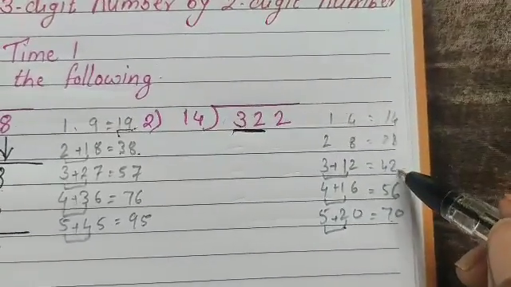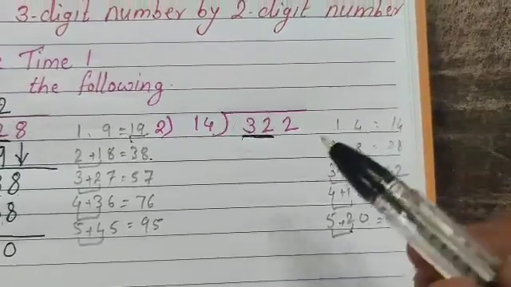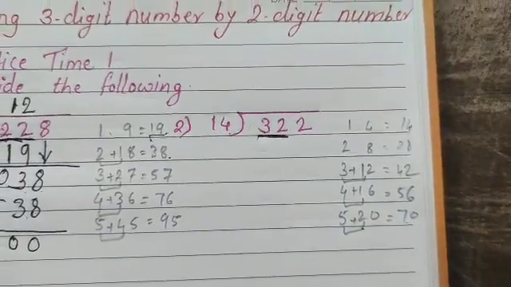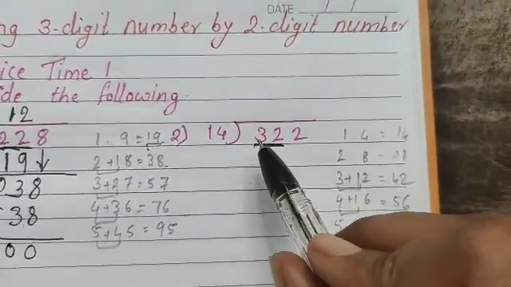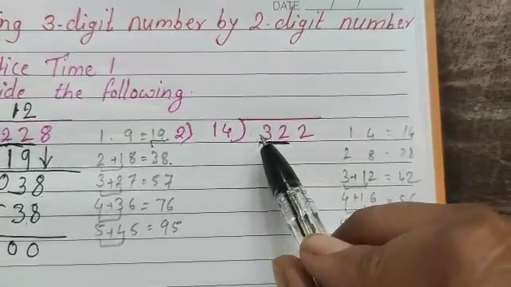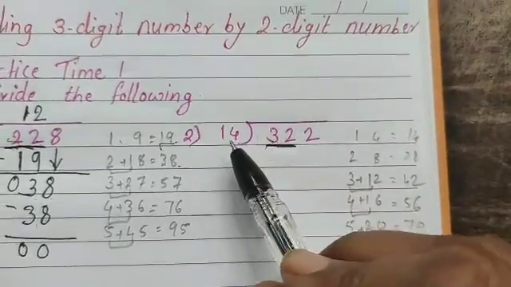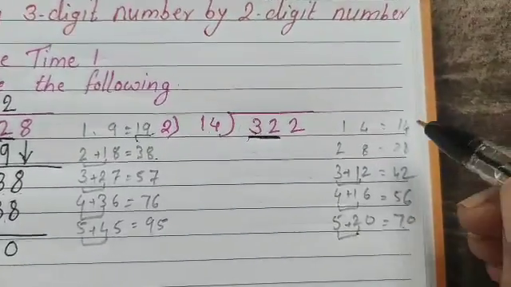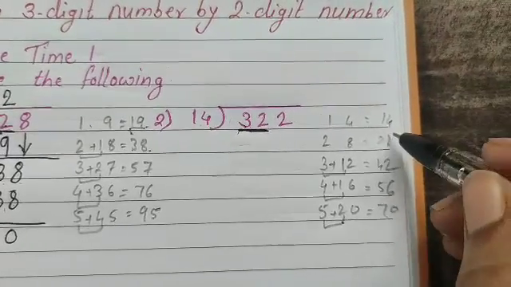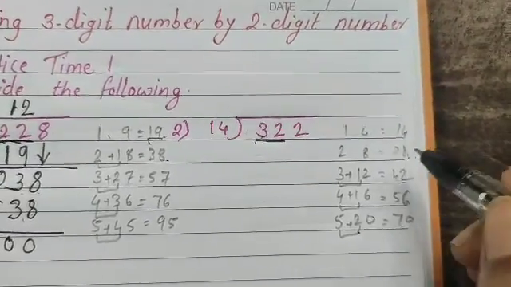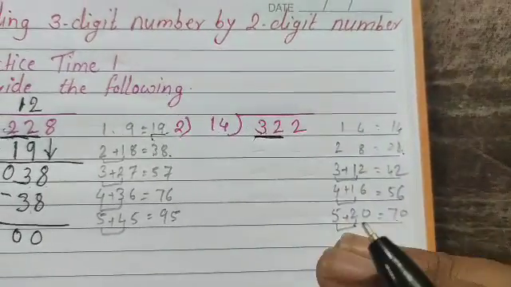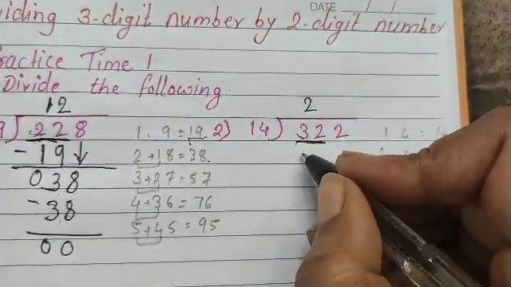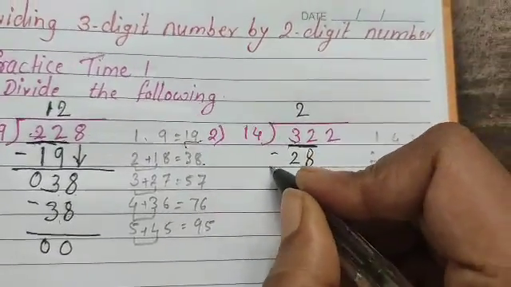If you are observing, there is no 32 in the 14 times table. So in such a case, what do we have to do? We have to find a number smaller than 32, which is nearer to 32. So see, which number in the 14 times table is smaller than 32 and near it? 28. 28 is smaller than 32 and also near it. So therefore 14 twos come 28.